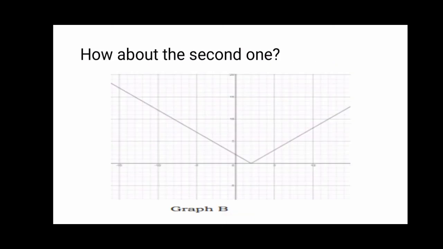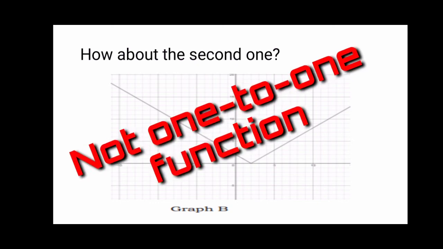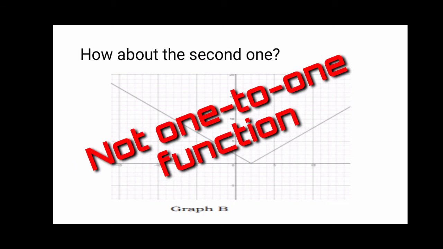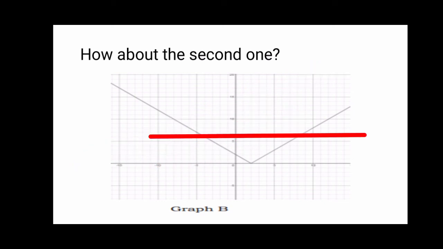How about the given below? Is it a one-to-one function? Great job! This is not a one-to-one function because if we put a horizontal line anywhere in the graph, it will touch the graph more than once.